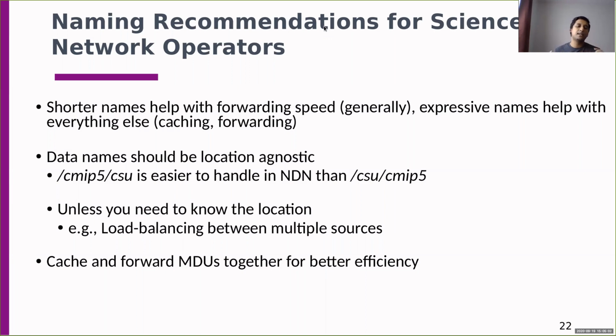Otherwise, there's a chance that you might load balance in the network, but all the requests would end up at the same source. The operators should also look into caching and forwarding the MDUs together for better efficiency. But as I said, we don't yet know how that can be accomplished, so this is still an open research question.